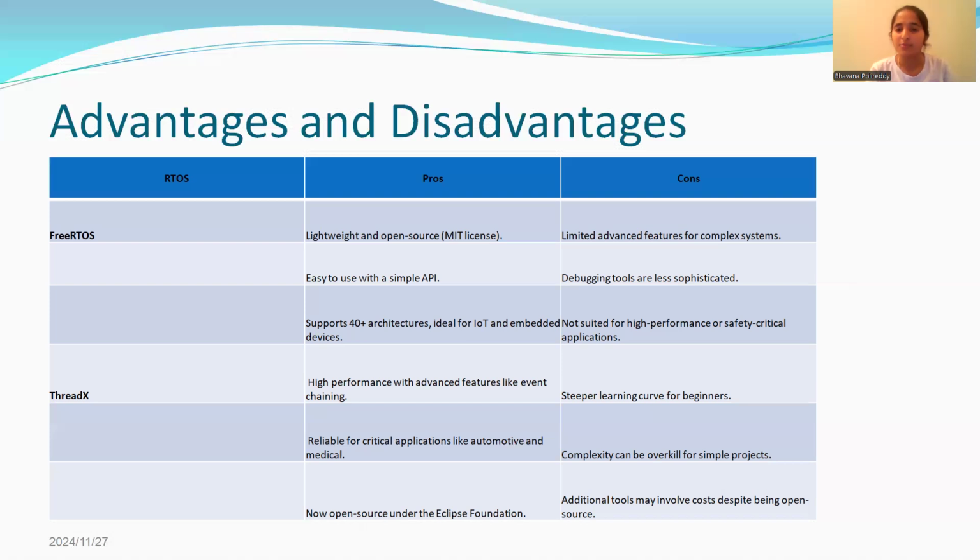As I said, for beginners it's very tough to understand ThreadX until they know the fundamentals. Complexity can be overkill for simple projects, and it also has many tools which may involve cost despite being open source, as it has many debugging tools. So whenever someone needs to download a debugging tool, they need to pay for it.